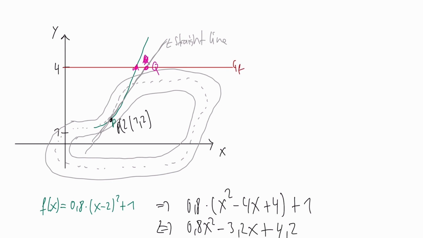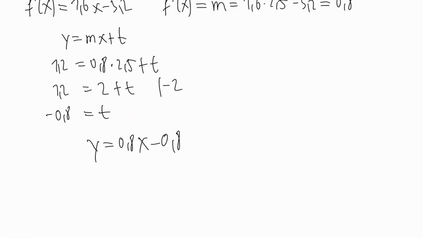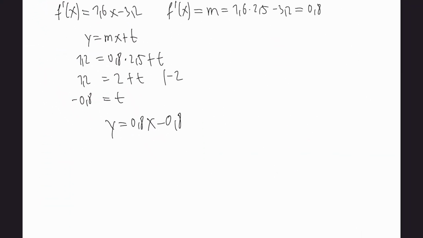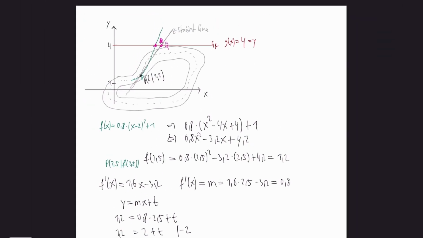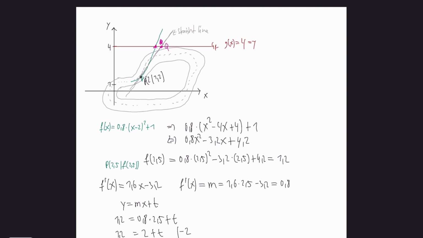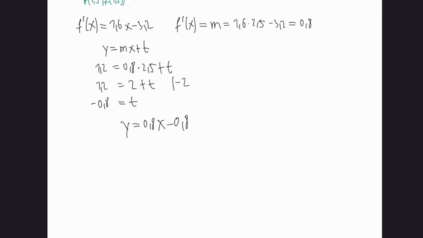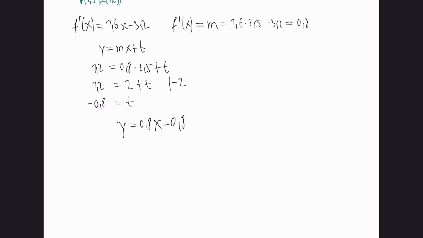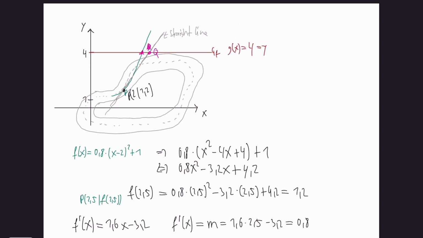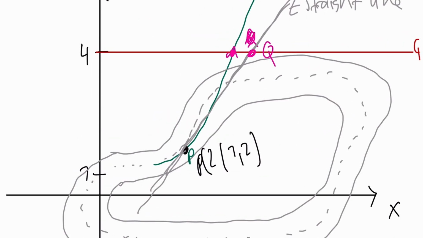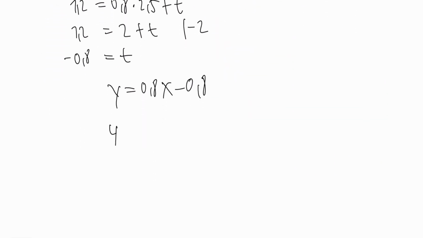This is just a red line at y equals 4, the linear function g of x equals 4. So we have to set 4 equal to 0.8x minus 1.8 and search for x to give us the x point, and this is then the point Q where the driver hits the barrier.